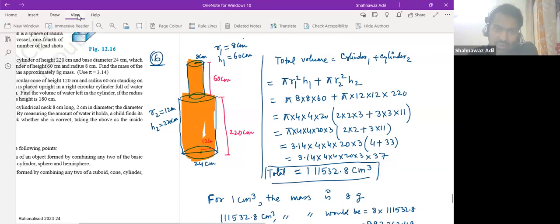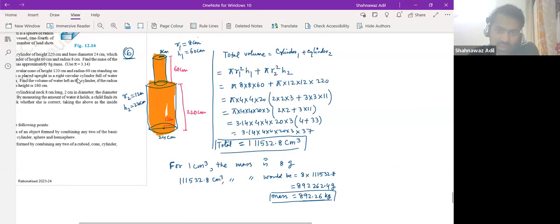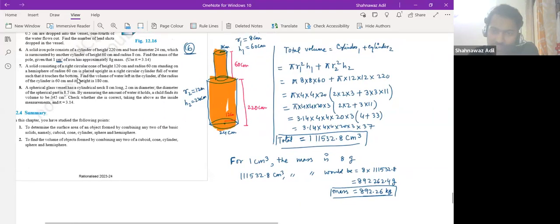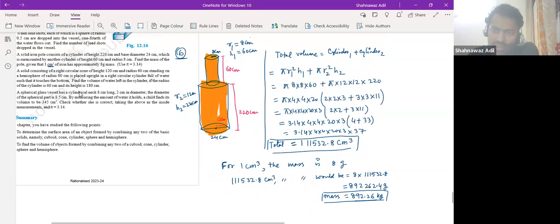If you don't have any doubt, please note it down, and then we'll do this next, this 7. Please note it down, guys. Do you guys have any doubts in this question?